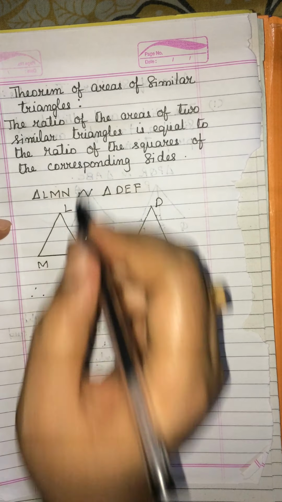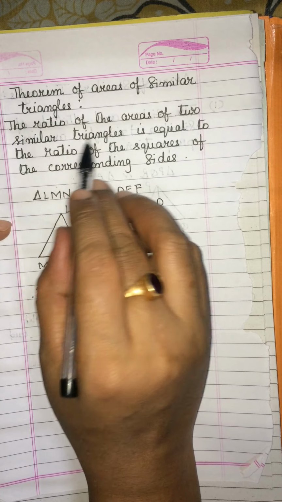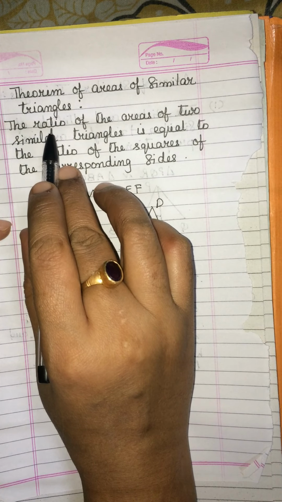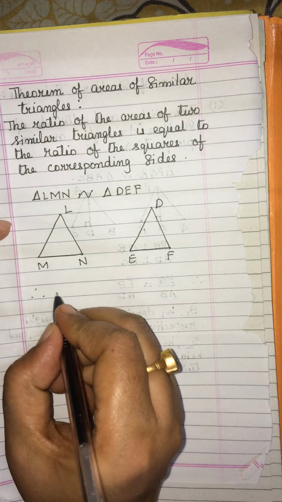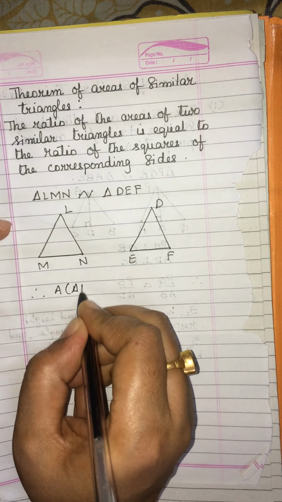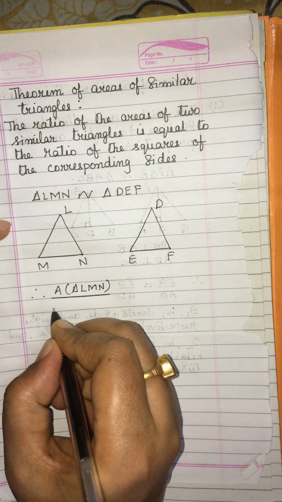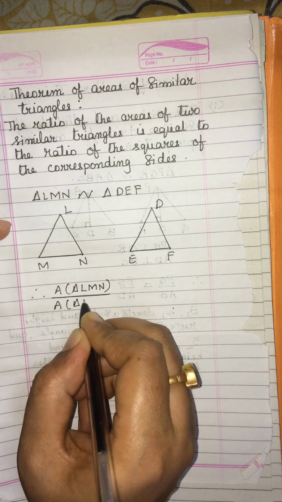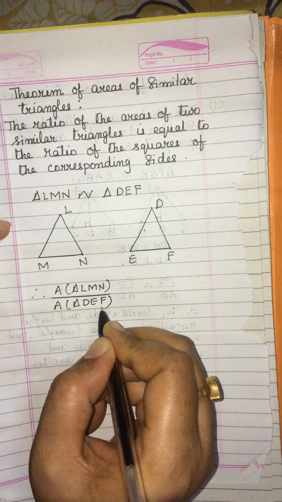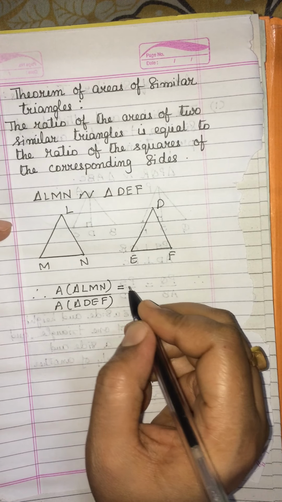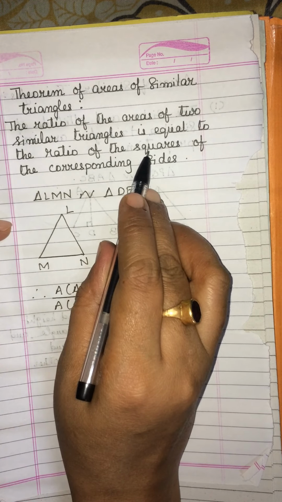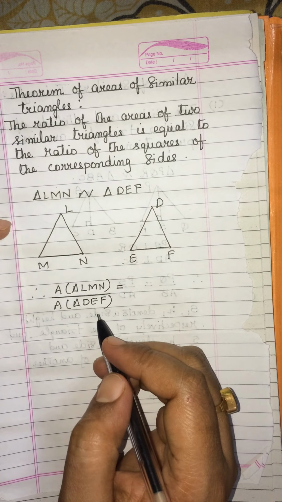Then what the theorem says: you have to take the ratio of the areas of the two similar triangles. Area of triangle LMN upon area of triangle DEF is equal to the ratio of the squares of the corresponding sides.